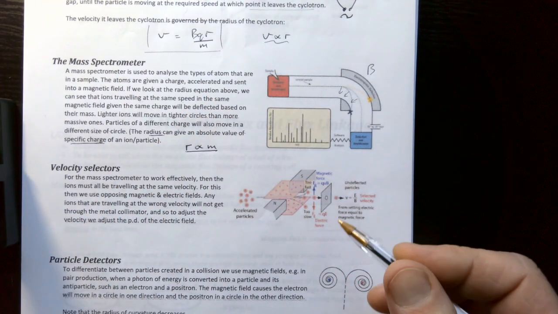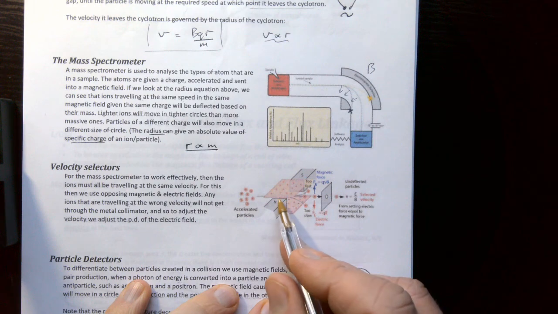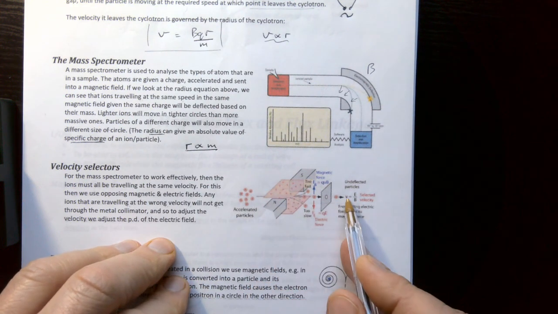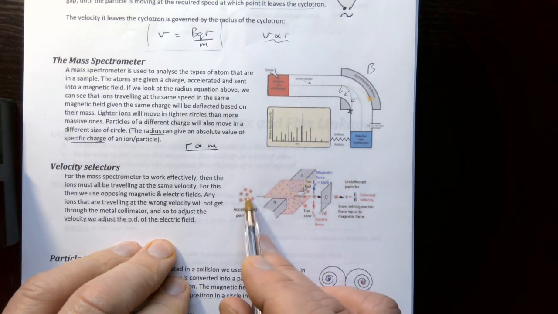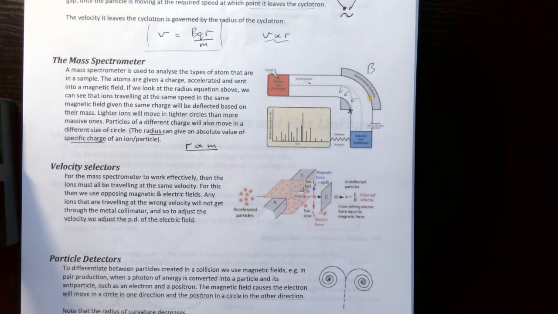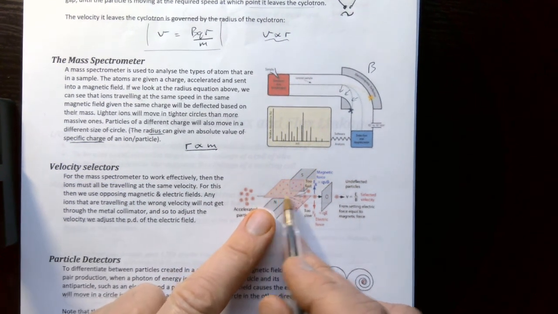If there's too little of those, it will do the opposite. And what you end up with is that only the right speed with the right properties coming through will go through in a straight line. So it's a way of cutting out particles that are too fast or too slow, basically. But if you've got the right properties, they'll go in a straight line.